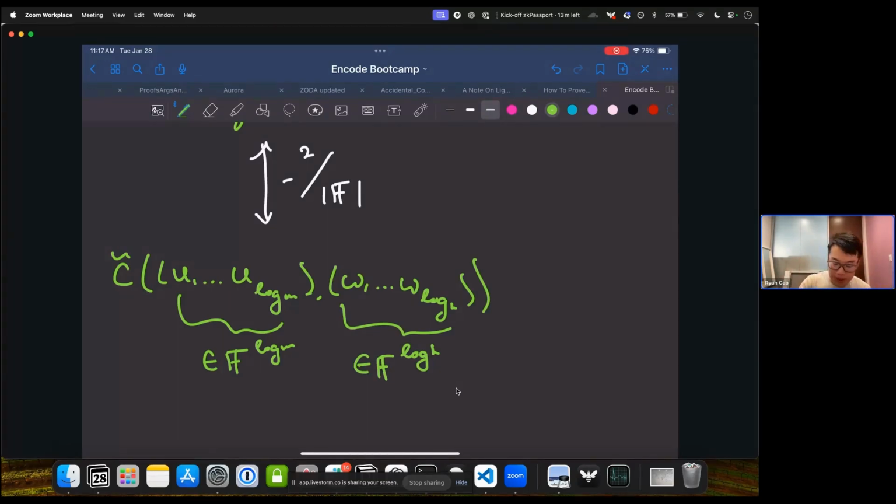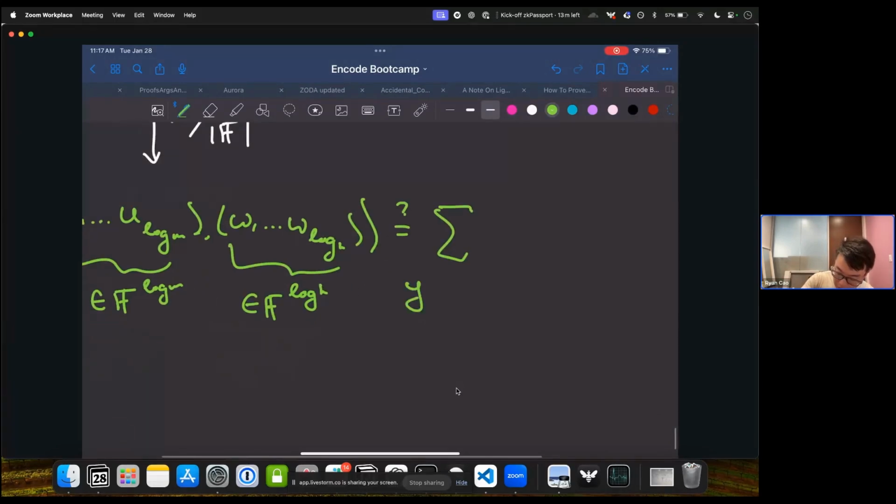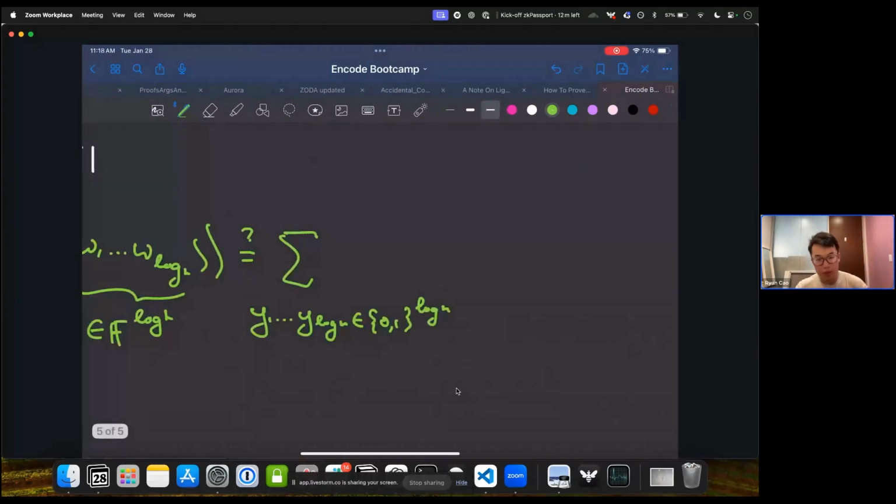But is it true that this equals the summation over y, still from earlier, y1 through y log n in 0, 1 to the log n, again evaluating exactly those multilinear extensions?